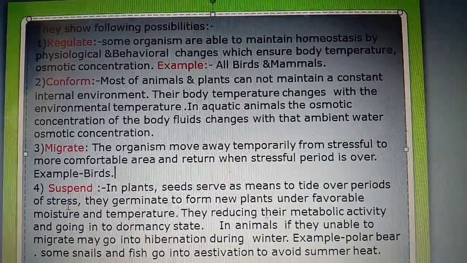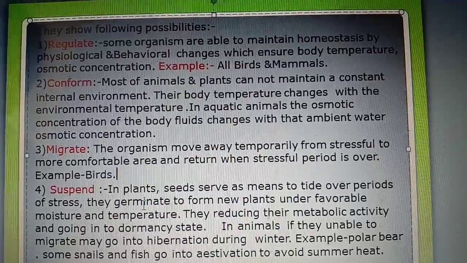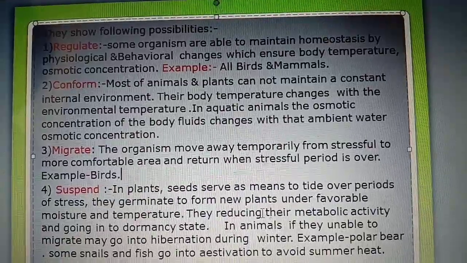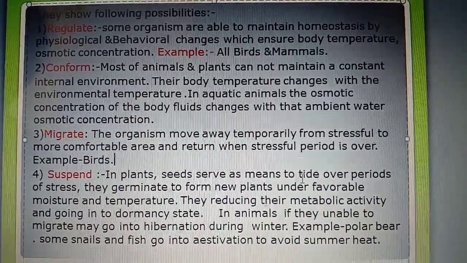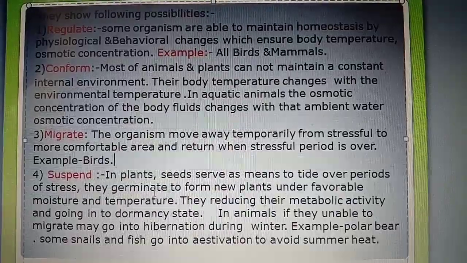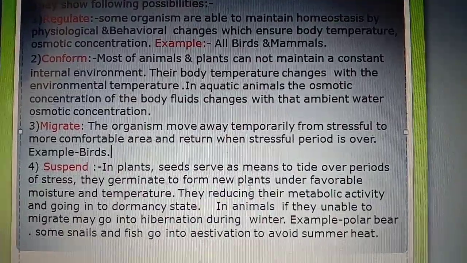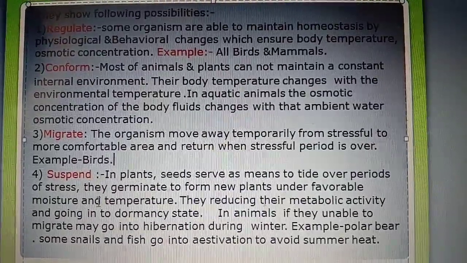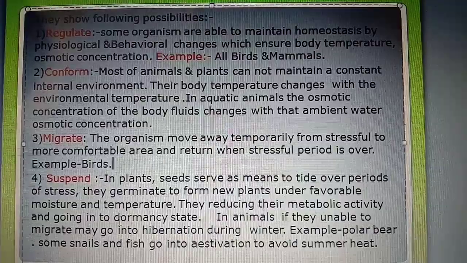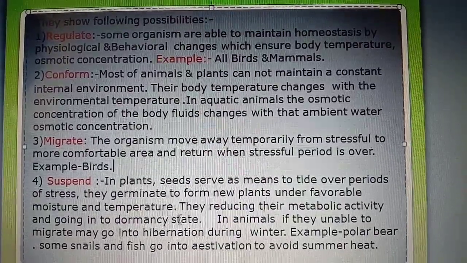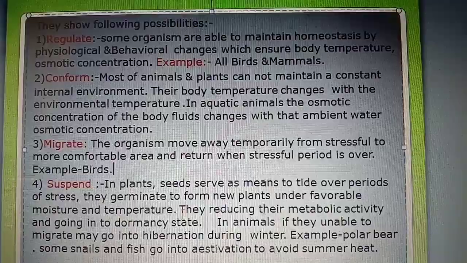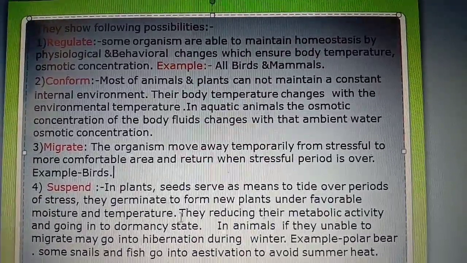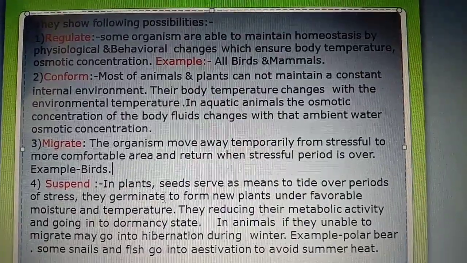Then the fourth point is suspend. In that, plant seeds serve as a means to tide over periods of stress. They germinate to form new plants under favorable moisture and temperature conditions.